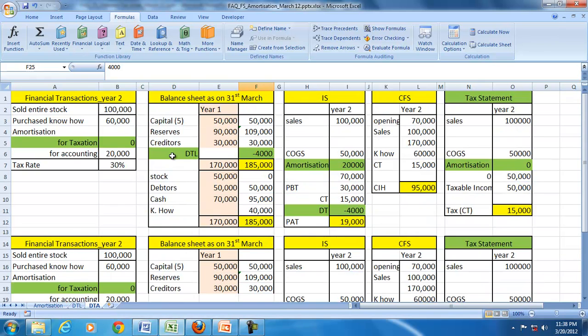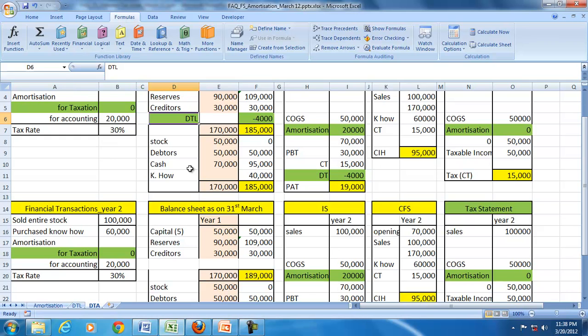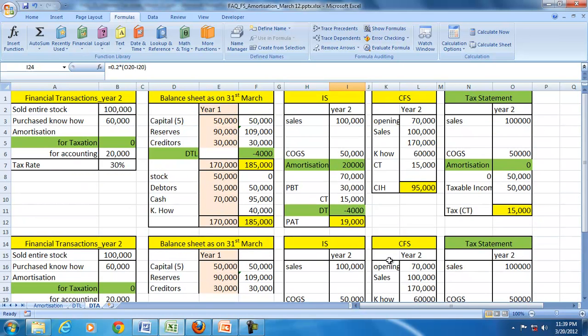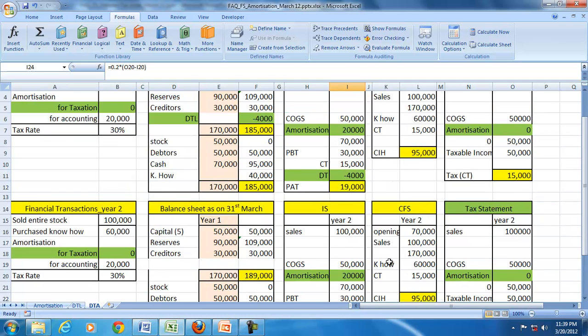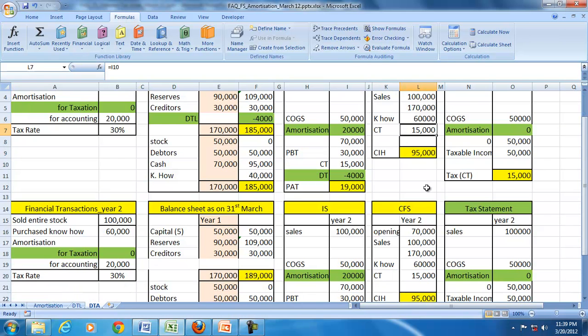But independent of whether DTL negative or DTA positive, the current tax 15,000 and the deferred tax of negative 4,000 is shown in the income statement. And as you mentioned, in the cash flow statement, the current tax will appear as a payment.